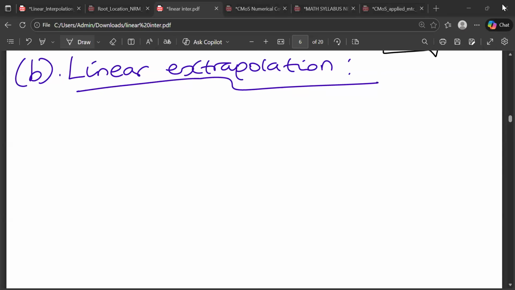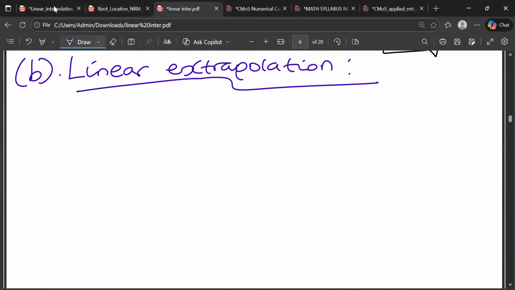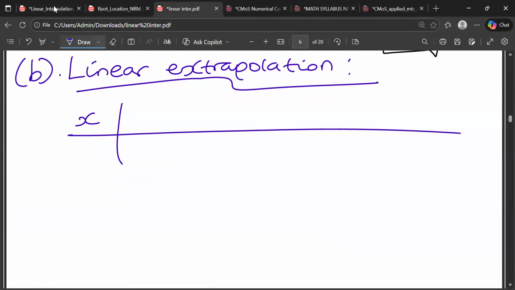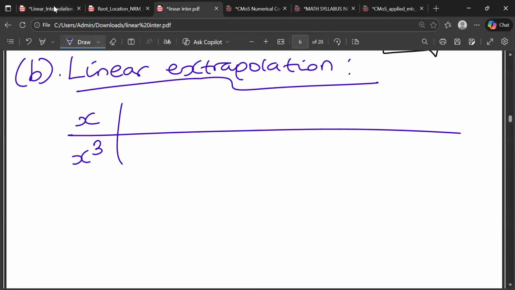Where is the question? x then x power 3. So the question is x then x power 3, like this. How many values does it have? Only 3 values: 2.2, 2.6, then 3.1.